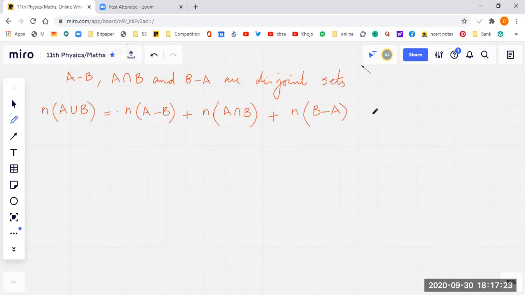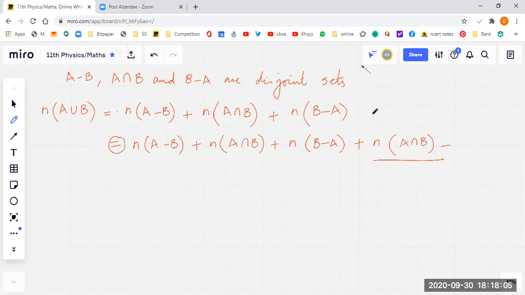Okay. Now, students, from this, I'm going to derive the first formula. Let's see how. I can always write it like this: number of elements in A minus B plus number of elements in A intersection B plus number of elements in B minus A. Students, I am going to add the number of elements in A intersection B. Since I've added this, I must subtract this also to respect the equality sign.